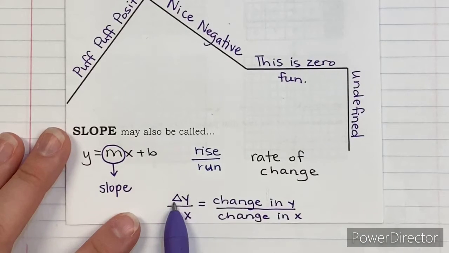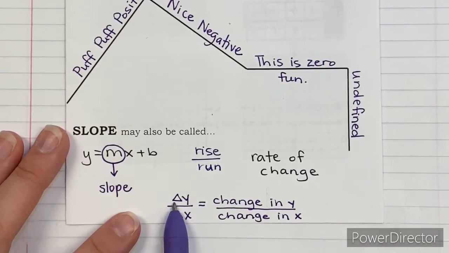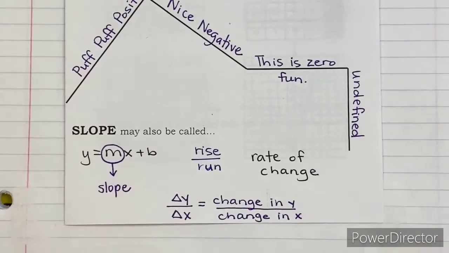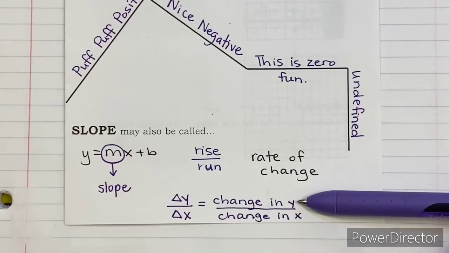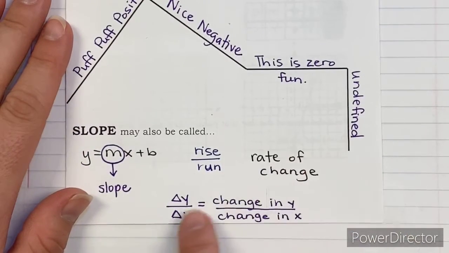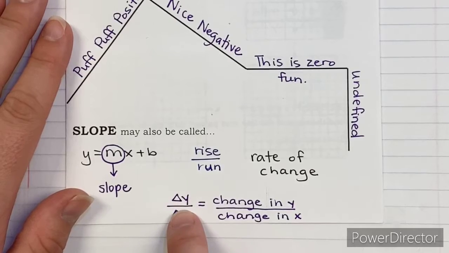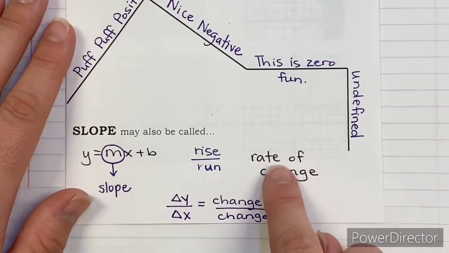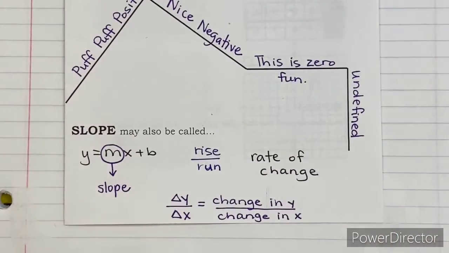That's what this delta, it's a triangle, it's said delta, so when you see it, it's just delta y over delta x. And that means the change in y values over the change in x values. So these are the most common types of slope that we see in high school and in Algebra 1. We see rate of change, and they may ask you delta y over delta x, but you're going to see rate of change the most, so make sure you know that one.